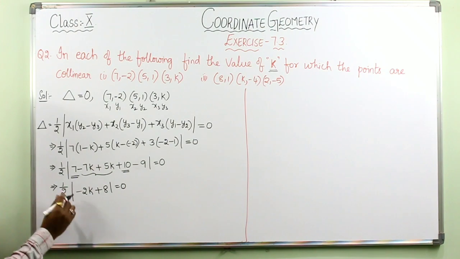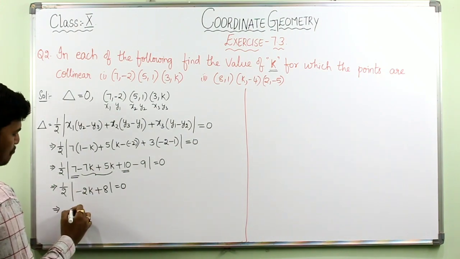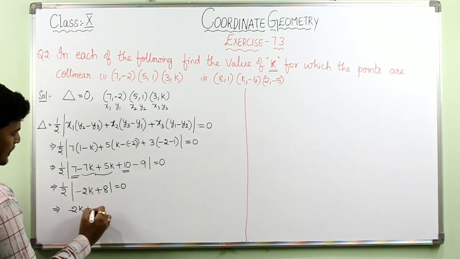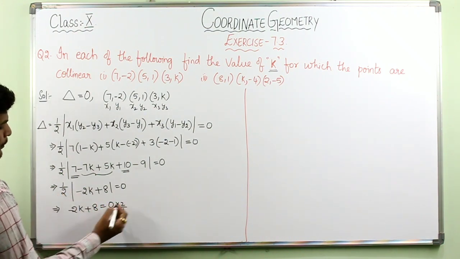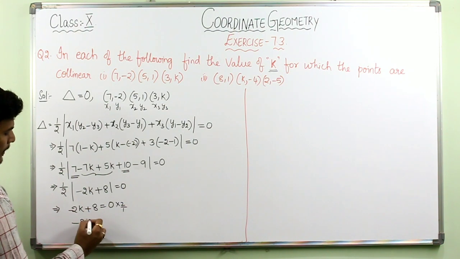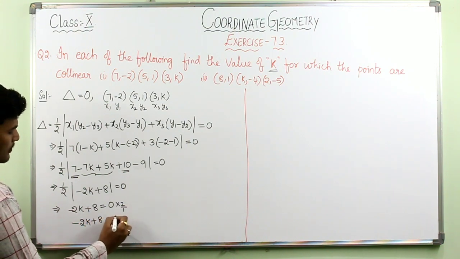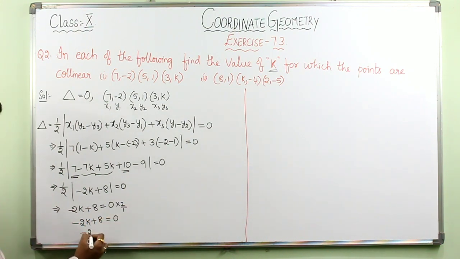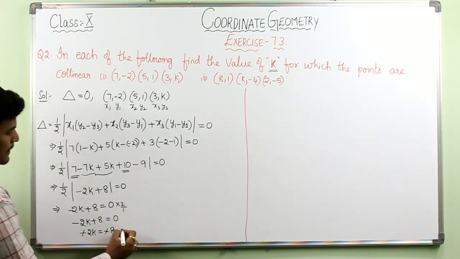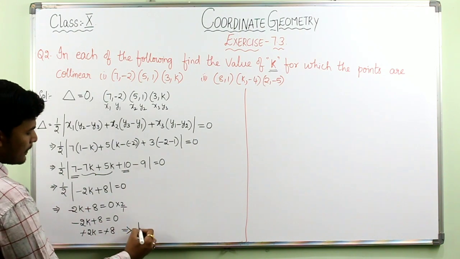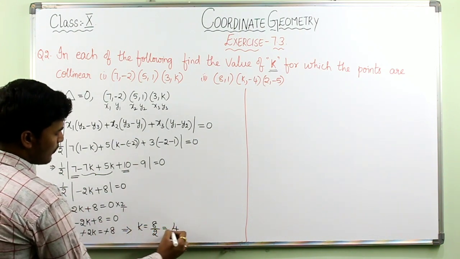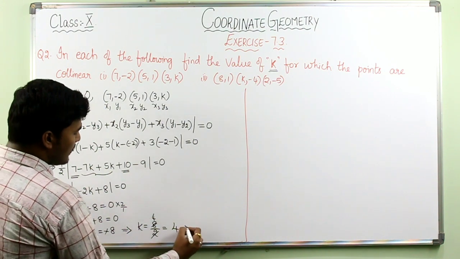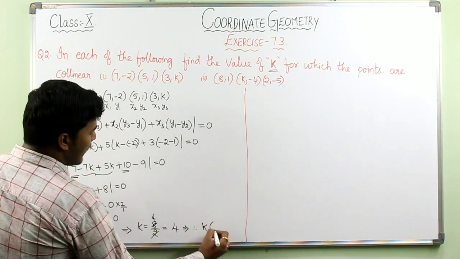If I shift this 1 by 2 to the other side, it will become minus 2k plus 8 is equal to 0, because 0 into anything will become 0. From this, minus 2k is equal to minus 8. Both the sides minus gets cancelled and we have k is equal to 8 by 2, which is equal to 4. So therefore the value of k is 4.